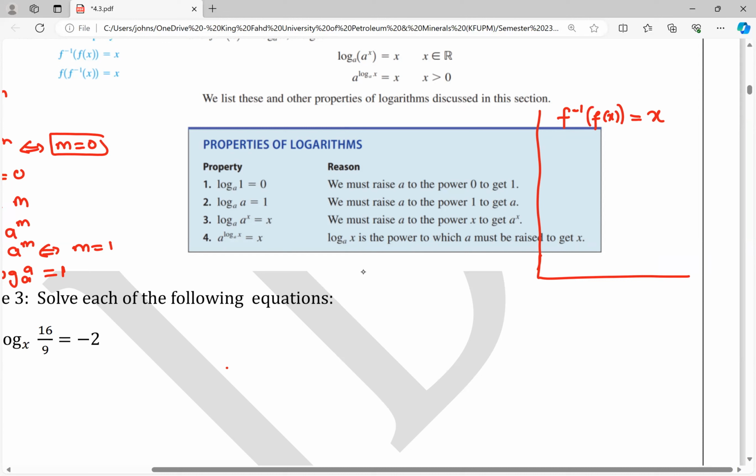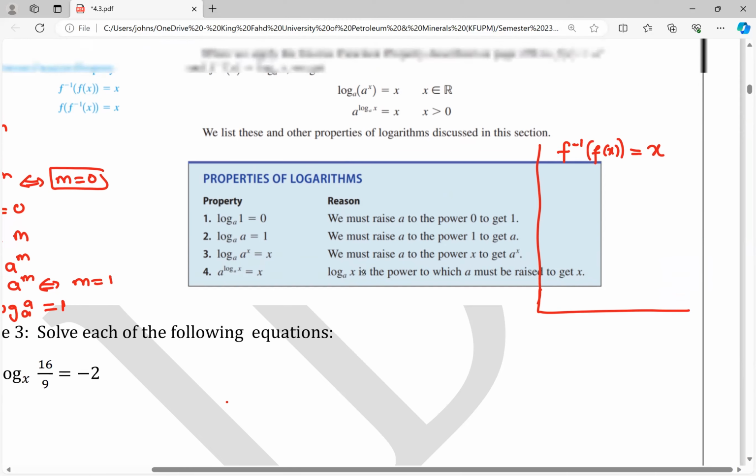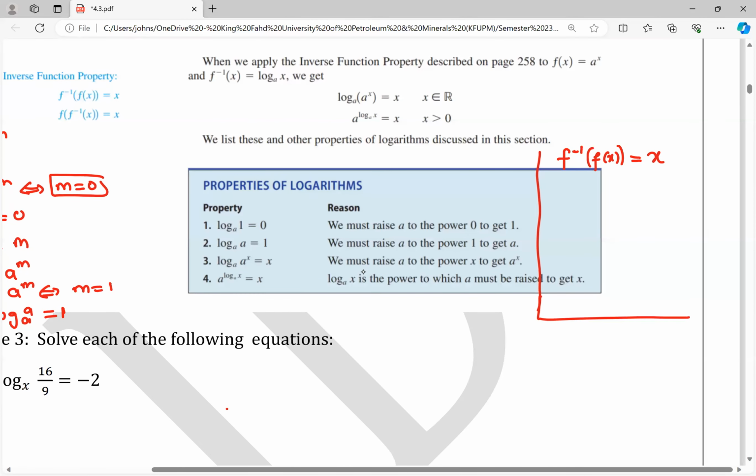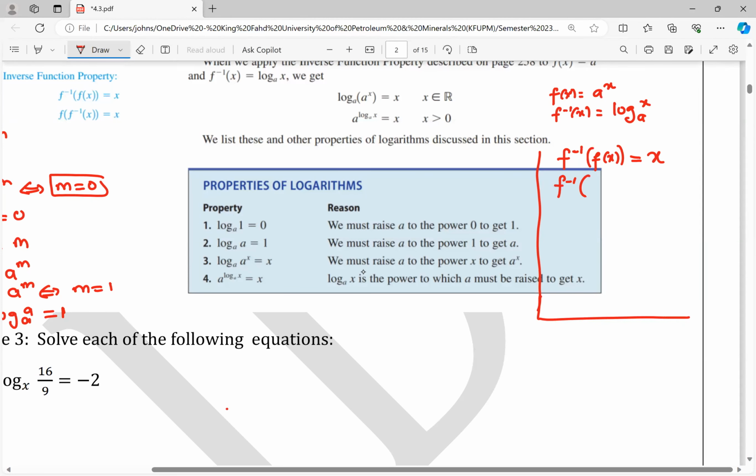So what does that mean? Remember, what is f inverse? Let me write it here. Remember, f of x is equal to a to power x. Then f inverse of x is equal to log to base a of x. So if we do f inverse of f of x, f of x is a to power x.